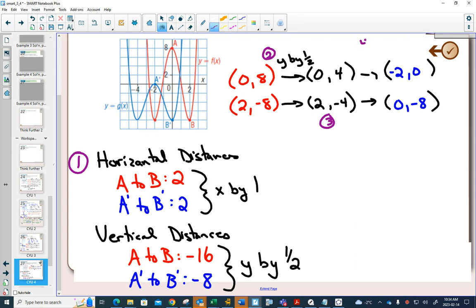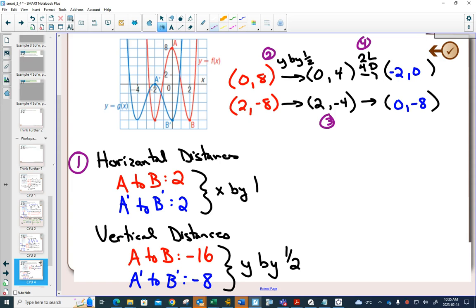And now that I have those 2 points, this section is going to be easy. How do I go from 0 to -2 and 2 to 0? The only thing that makes sense is I'm going to the left. How do I go from 4 to 0 and -4 to -8? I have to go 4 down.